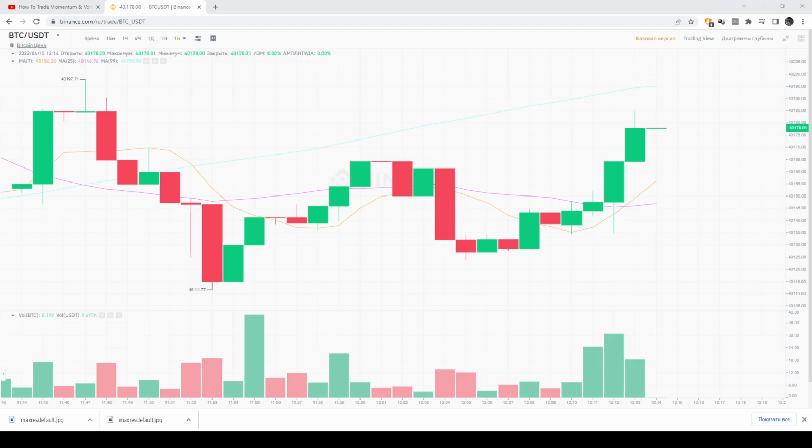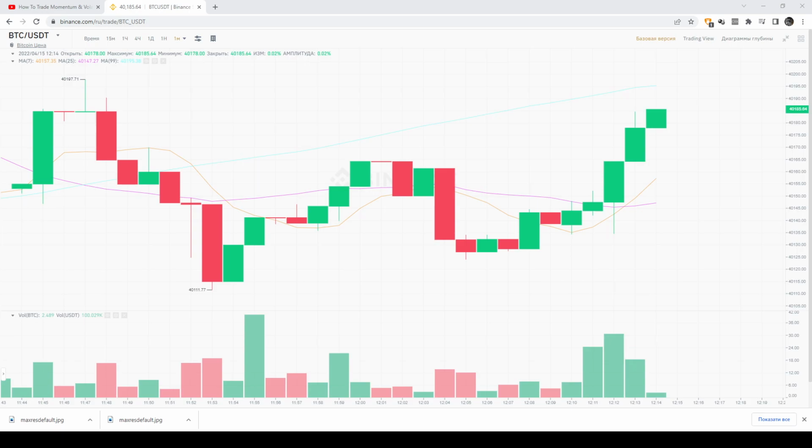Now the momentum histogram helps to determine the direction in which to trade. If the momentum is above the zero line and rising, long trades are recommended. If the histogram is below the zero line and falling, however, short trades are recommended.